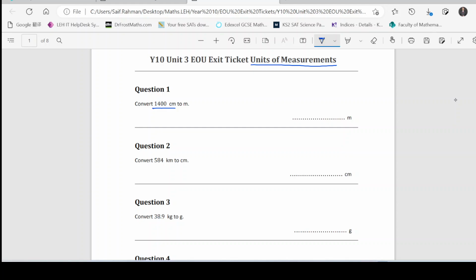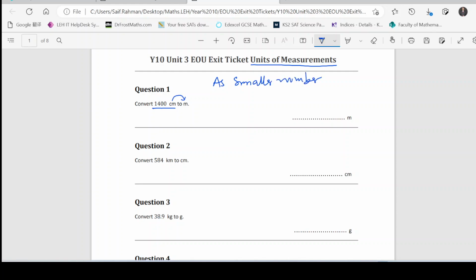Whenever you convert from a smaller unit to a bigger unit, like from centimeter to a meter, then your answer will be a smaller number, right?